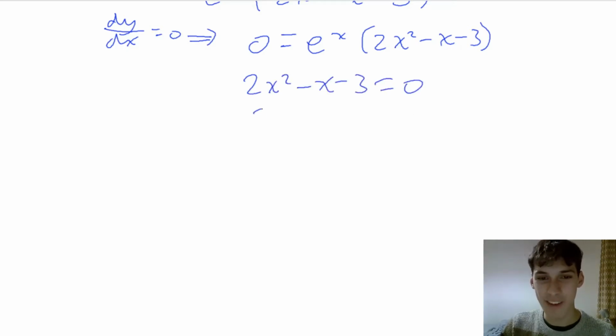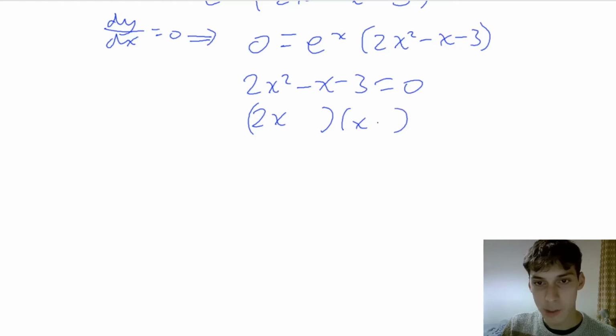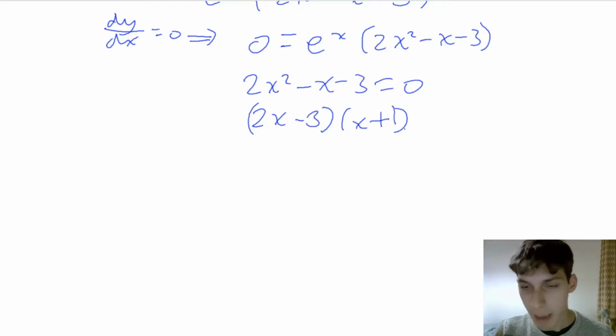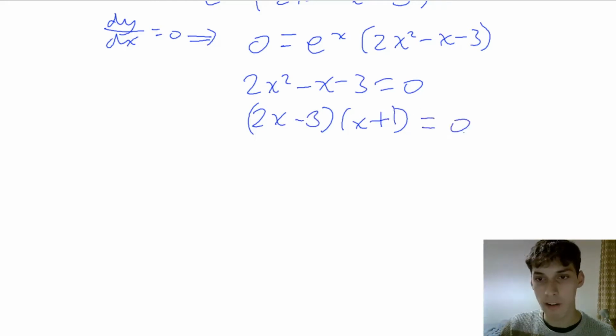So again, let's try to factorise this. 2x, and we have an x here, and so we want, let's say minus 3 plus 1, I think works. Yep, that does, is equal to 0.